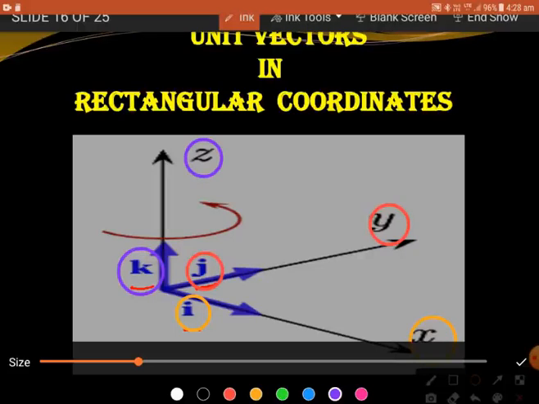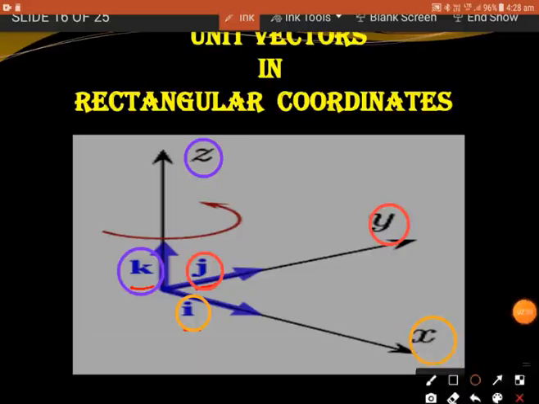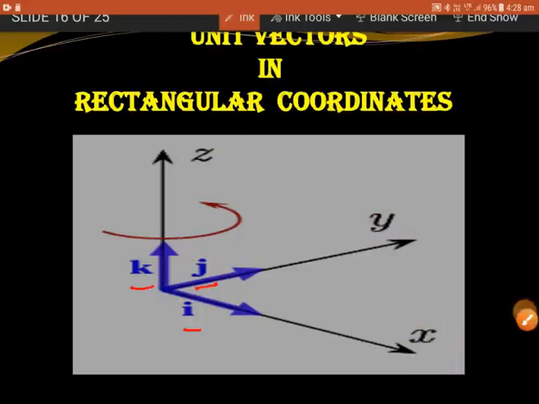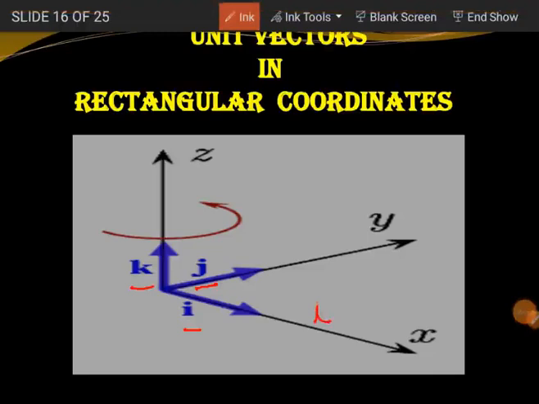But in our writing it may be represented by another similar symbol, like this. If it is the unit vector along the x-axis, then we may write it as a small i with a cap above it.